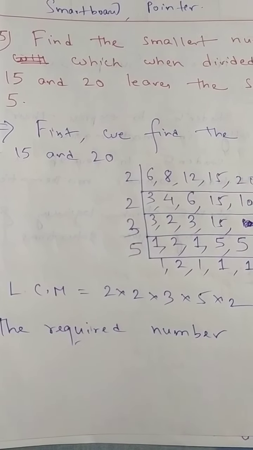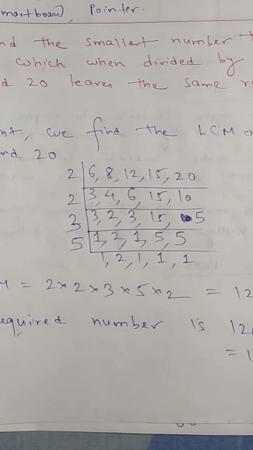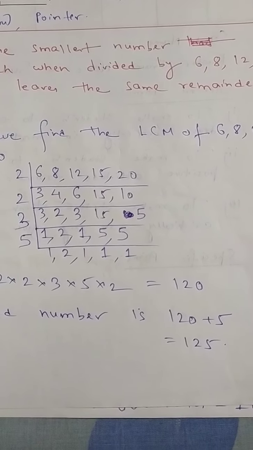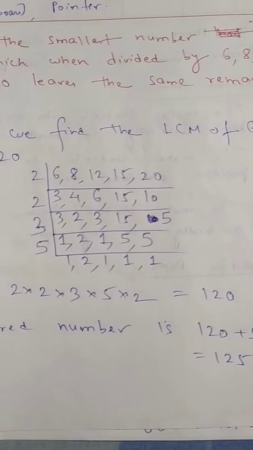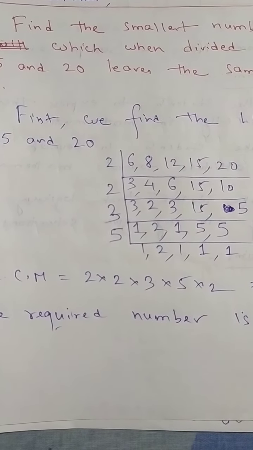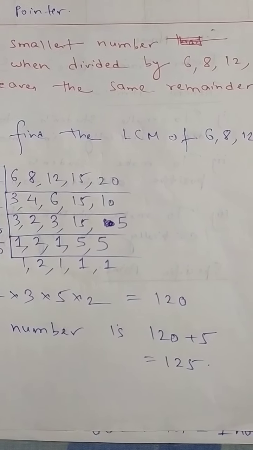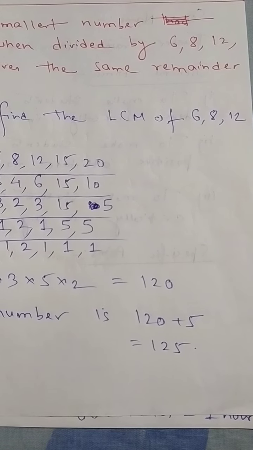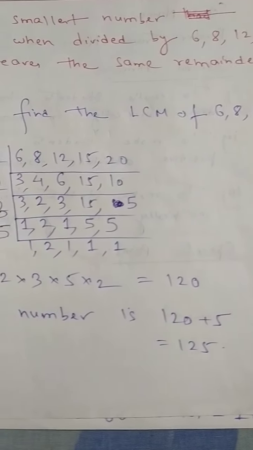But since here you have to find the smallest number, the rule is a little bit different. First, since it is the smallest number, we have to find out the LCM of 6, 8, 12, 15 and 20.